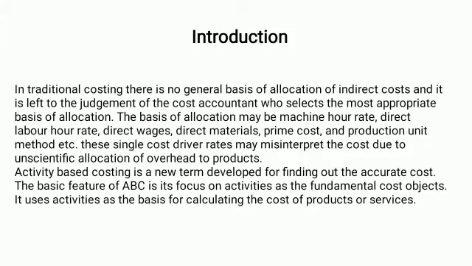The basis of allocation may be machine hour rate, direct labor hour rate, direct wages, direct material, prime cost, and production unit method, etc. These single cost driver rates may misinterpret the cost due to unscientific allocation of overhead to products.